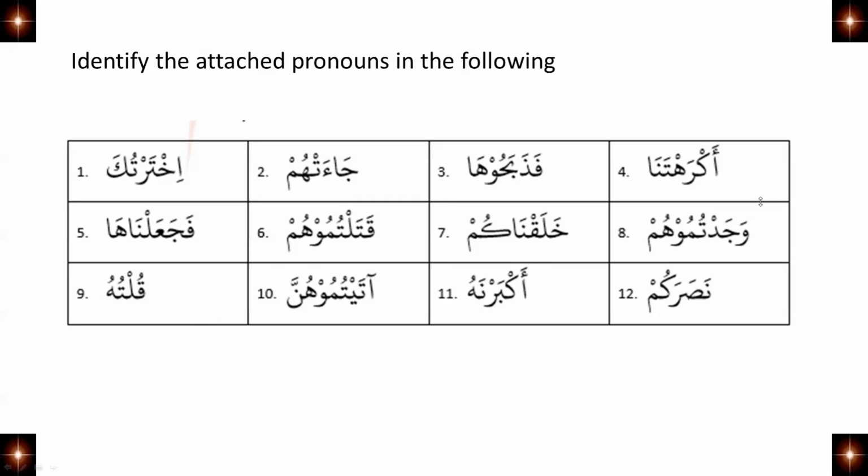Someone says kul fi'il, tu fa'il, hu maf'ul. Very good. But don't say tu. Yes, tu is the fa'il, but I want you to tell me the pronoun itself. The pronoun itself is what? Kulthum, what is the pronoun in tu? Tu is the attached pronoun, but the pronoun itself is what you have to mention.